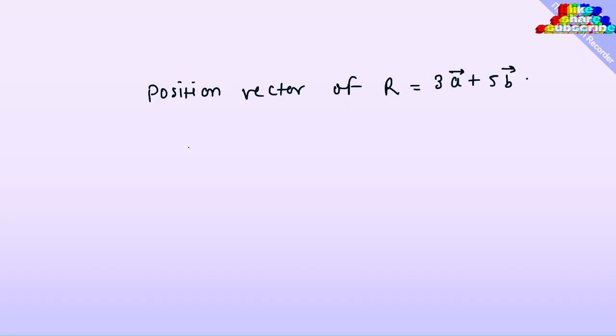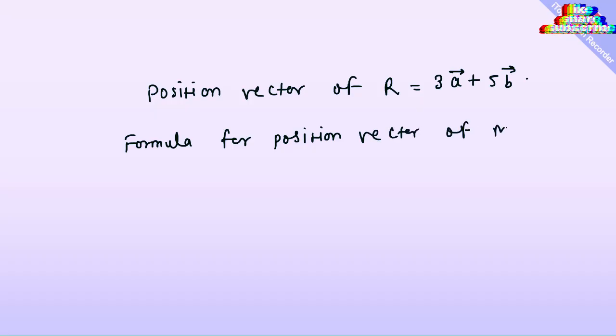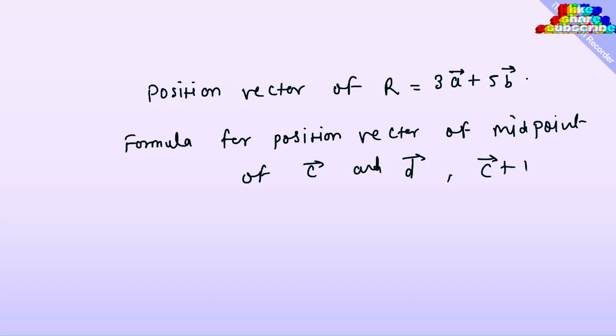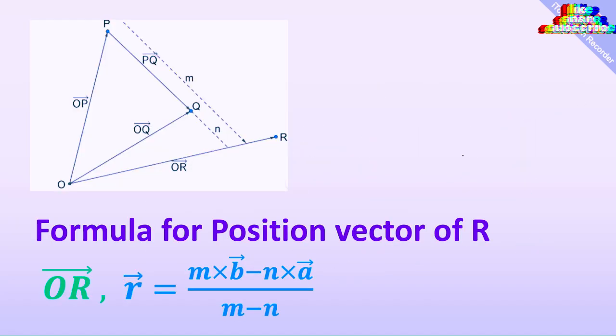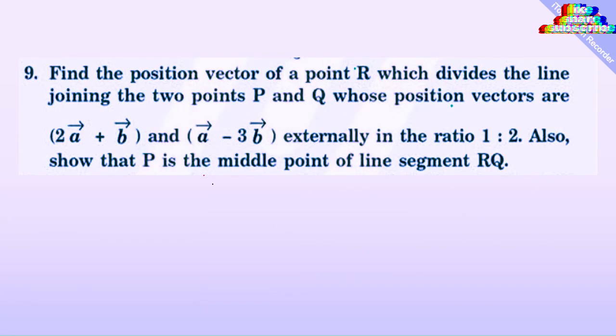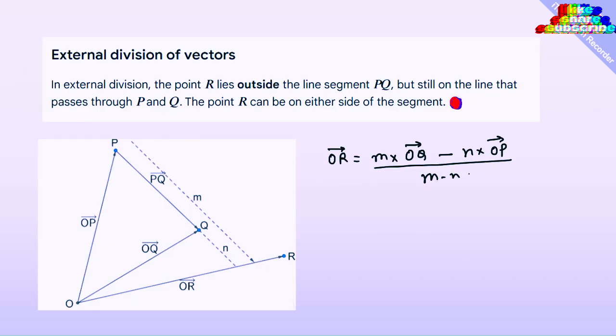Now recall the formula for the position vector of the midpoint of two vectors C and D: it is C plus D over 2. Similarly, we have to find the middle point of the line segment RQ.